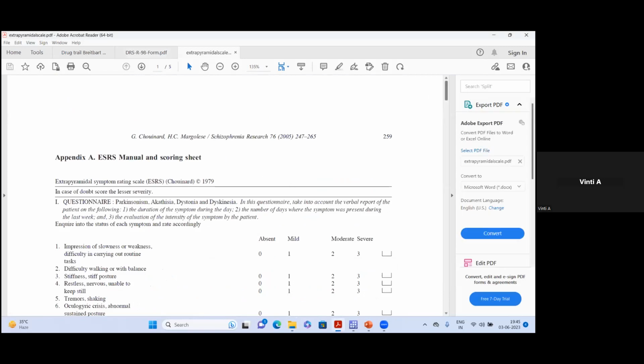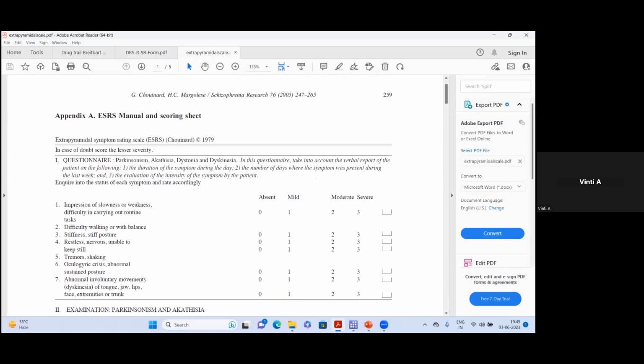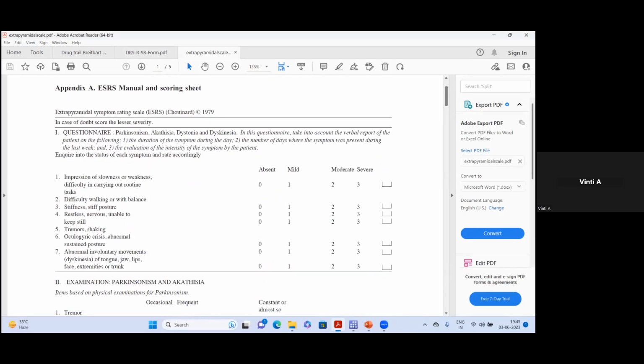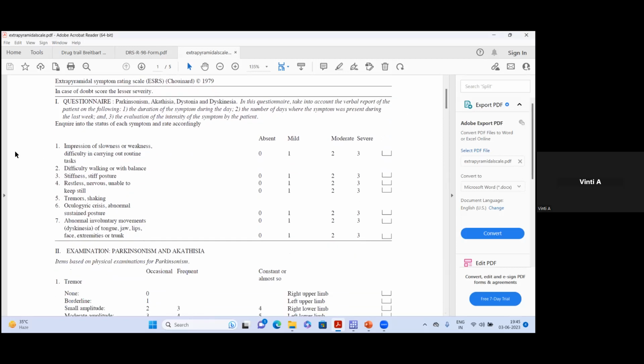This is a rating scale for Alzheimer's, Parkinson, dystonia. Some of the terms I may not know. But again, you can see they have used this rating scale and they have used the status of each symptom and rated accordingly: absent, mild, moderate, severe.